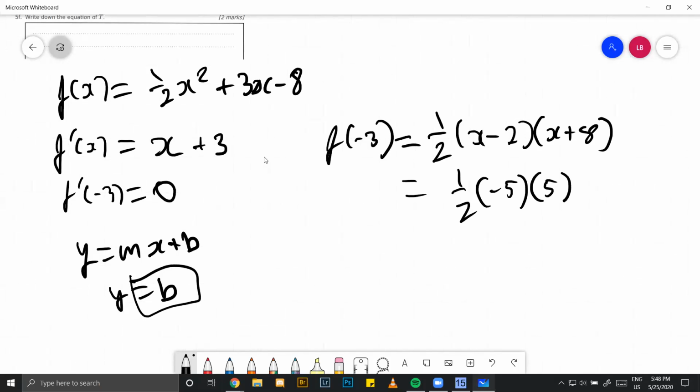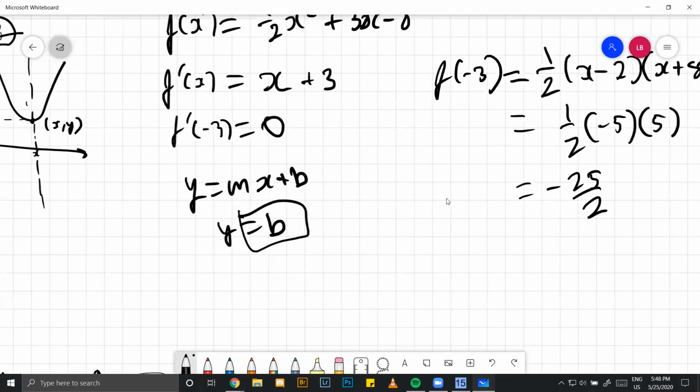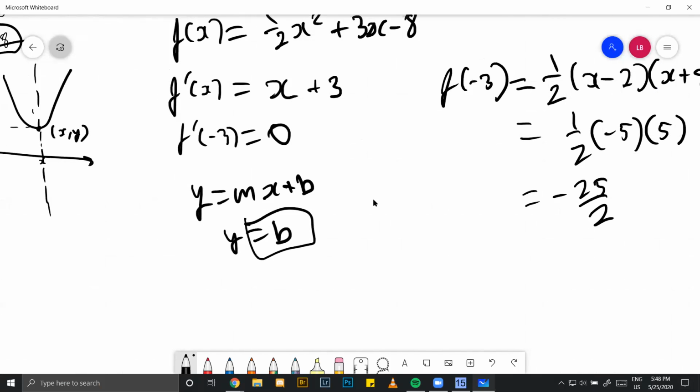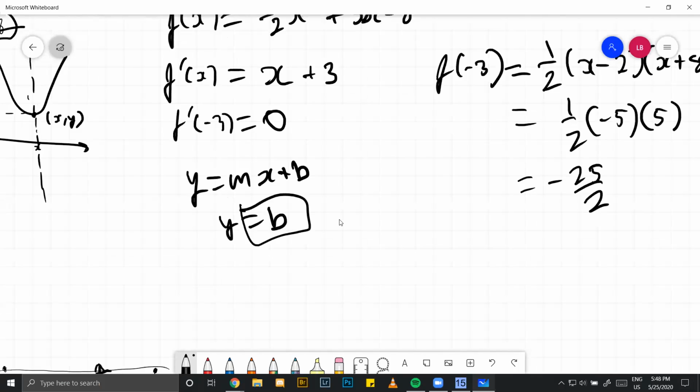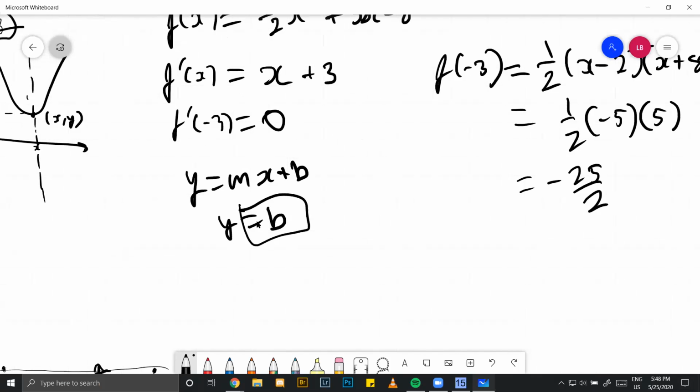So -5 times 5, that's -25, which is equal to -25 over 2. So the y value at -3 is -25 over 2, and that means the tangent line is y equal to -25 over 2.